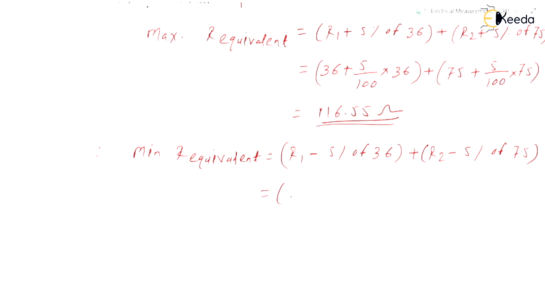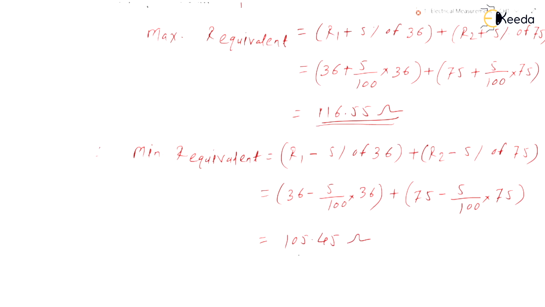So it is 36 minus 5 by 100 into 36 plus 75 minus 5 by 100 into 75. So from this, if we check, it is 36 minus 5 by 100 into 36 plus 75 minus 5 by 100 into 75.